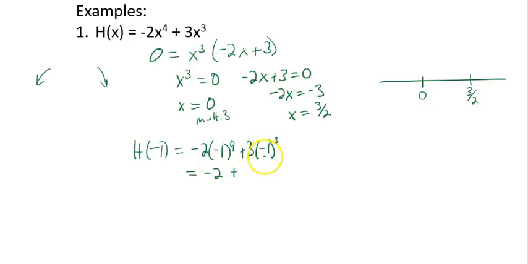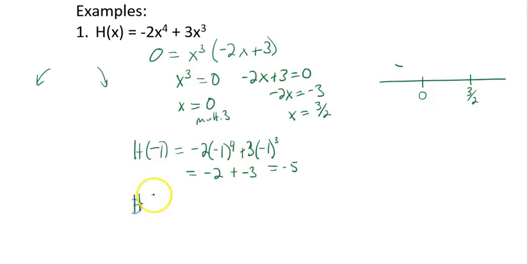Negative 1 to the 3rd will be a negative, so I have a negative 1 times a 3. And so I end up with a negative 5. And I'm not so much concerned about what the number is right now, just the fact that it's negative. So in this section of the graph, before 0, my graph's going to be negative. In other words, it's going to be below the x-axis. But I kind of write them up here to remind me.